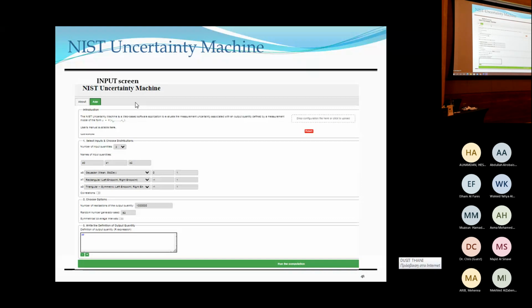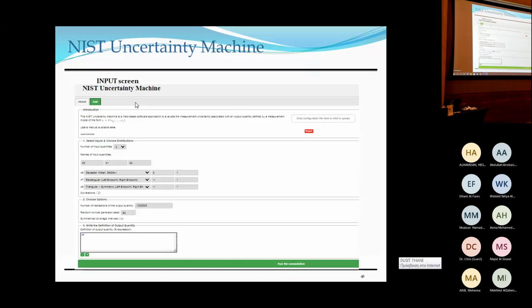Minus 0.2 from the certificate? No correction. Right, so there's no correction. So 0. Yeah. That's the expanded uncertainty because it's 95%.